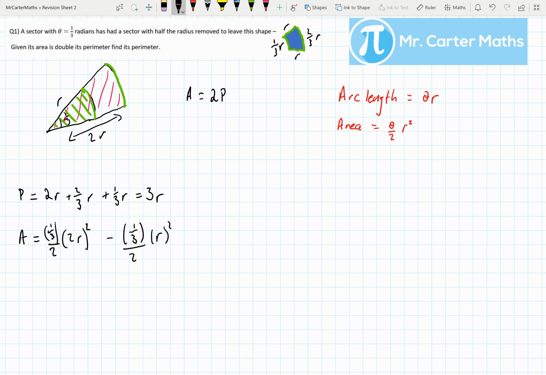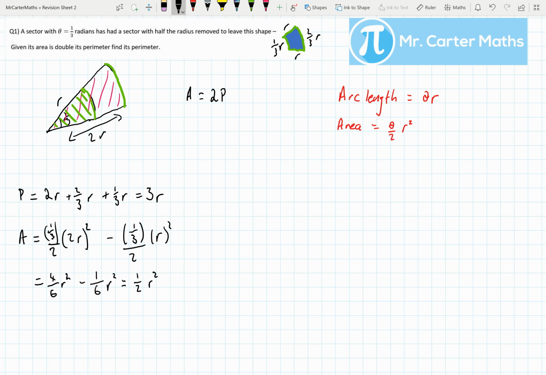Working this out, I have a third over 2, which is a sixth, times 2 squared, which is 4. I have 4/6 r squared, which would simplify, and here I have minus 1/6 of r squared. That comes out nicely to a half of r squared.